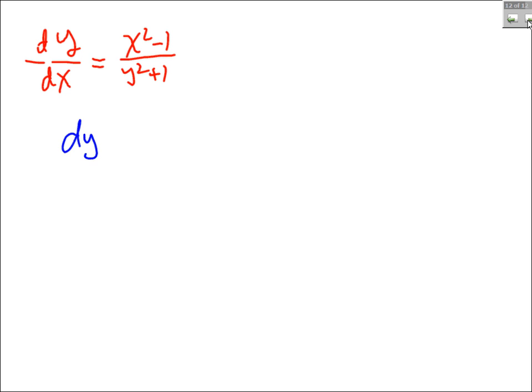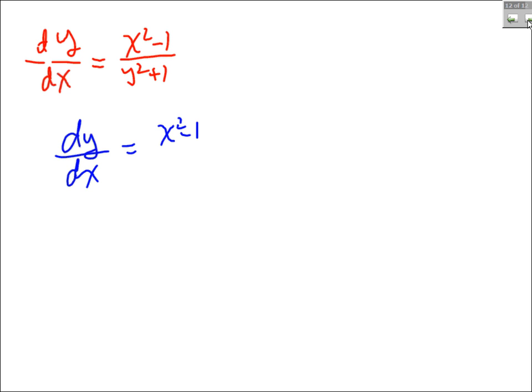Next couple of problems will be initial value problems. Suppose you have dy/dx is equal to (x squared minus 1) over (y squared plus 1).